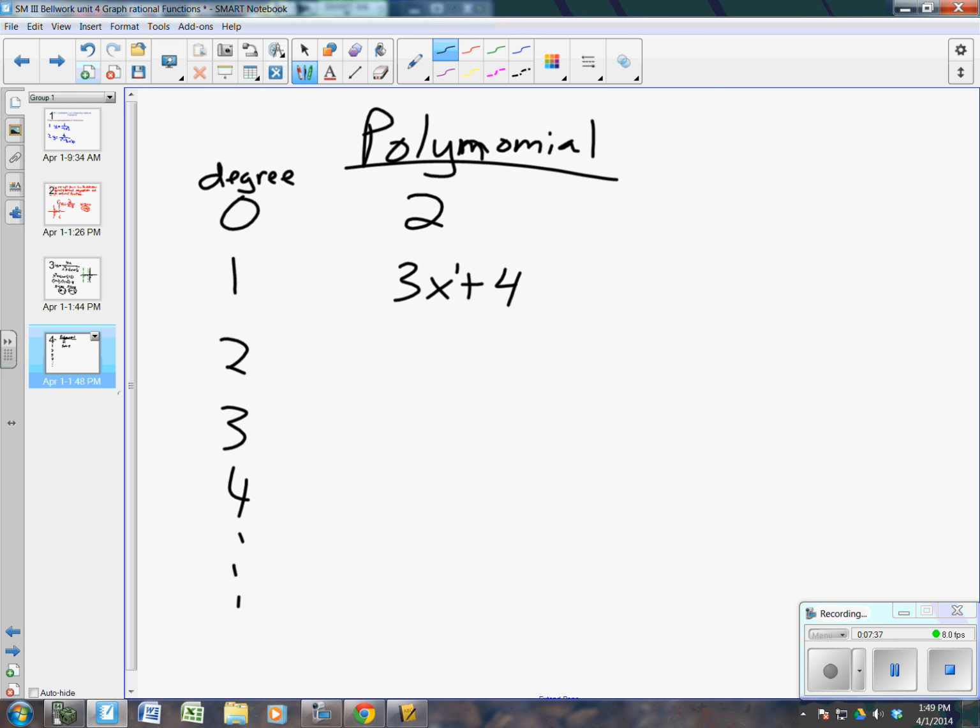An example of a 2 degree would be a quadratic, like x squared plus 2x. An example of a cubic would be something like 5x cubed minus 6x squared plus 2x minus 1. That would be a cubic.